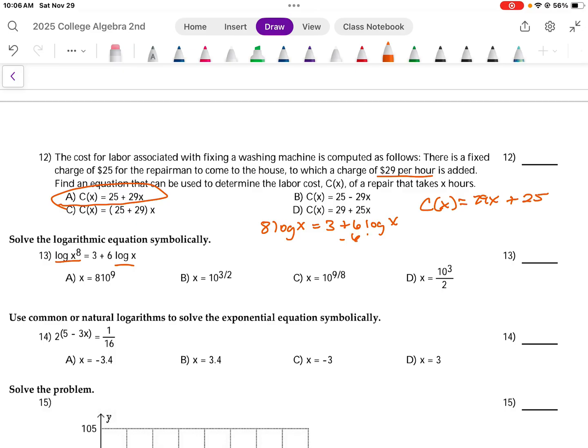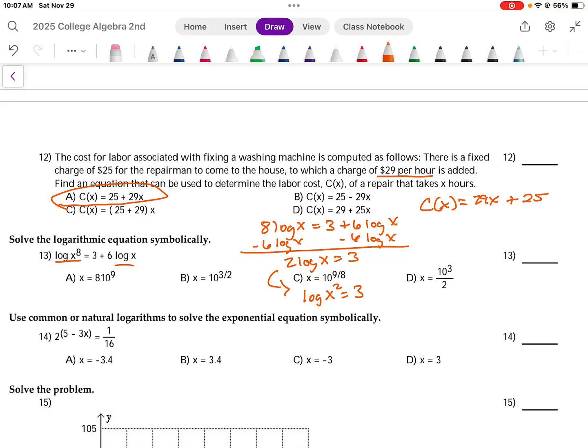Now we can subtract over the 6 log x. That gives us 2 log x equals 3, which we can say is the log of x squared equals 3.